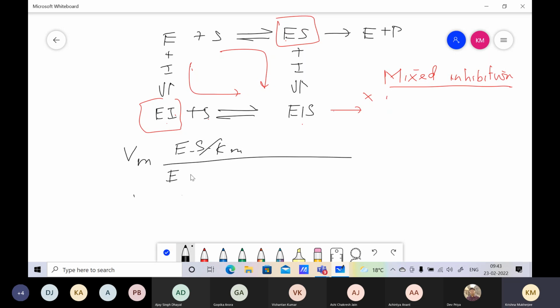And then E plus E into S upon Km plus E into I upon Ki plus E into I into S upon alpha Ki Km.